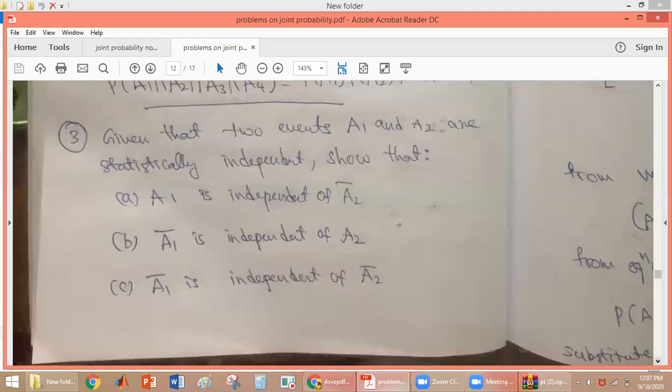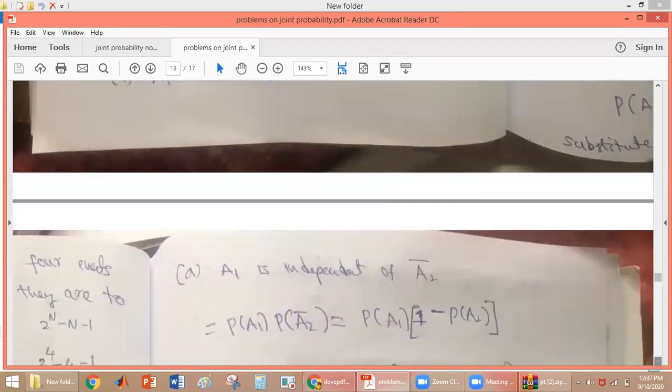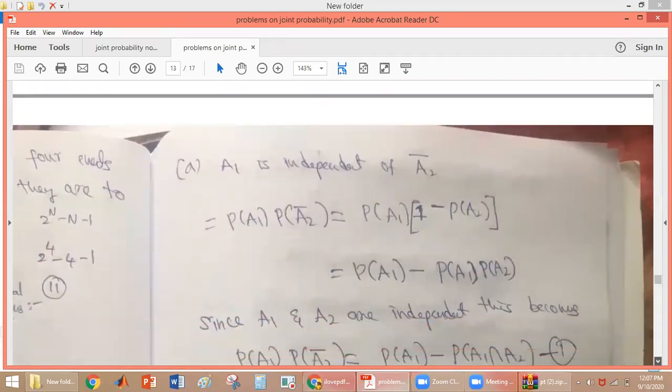To do this, just see here. What is the first condition? The first condition is to show that A1 is independent of A2 complement. If two events are independent, what we do first is check that probability of A1 intersection A2 complement should be equal to probability of A1 into probability of A2 complement. Yes or no?